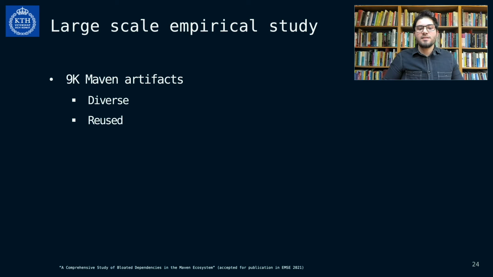Reused, the subjects are used by at least one artifact through a direct dependency declaration, and they are also complex, which means that they contain class files which we will analyze at the bytecode level, and they have at least one dependency with compile scope.